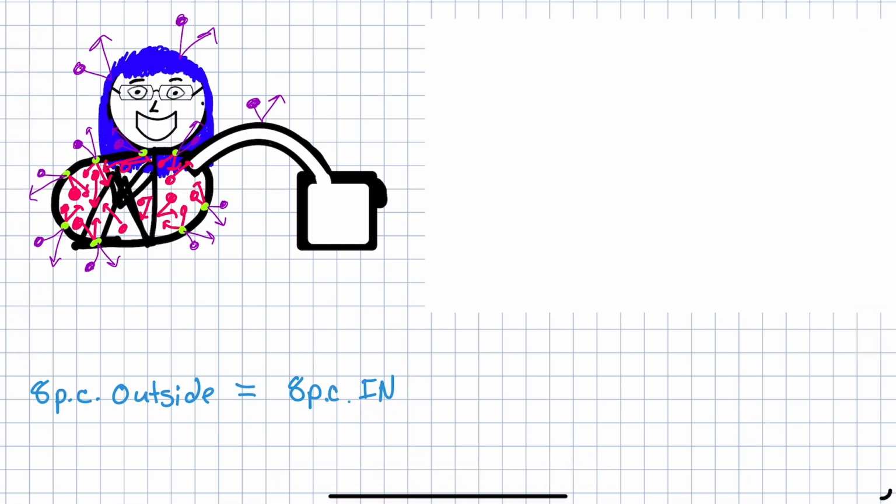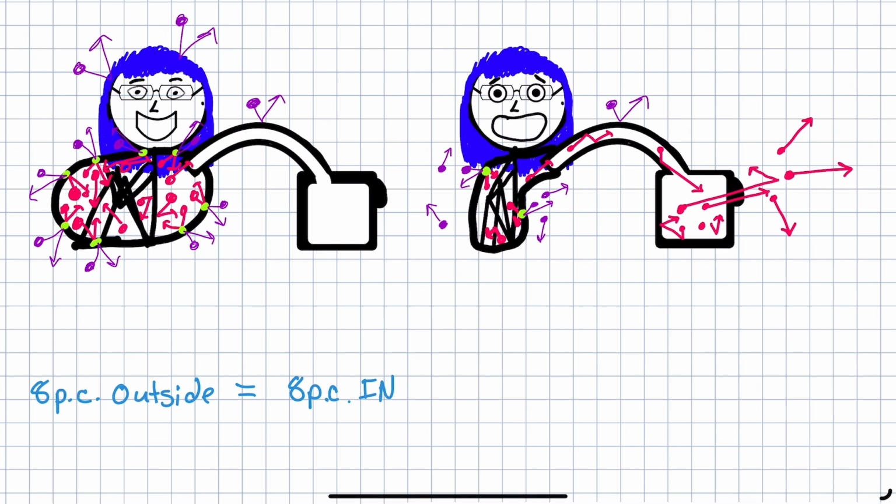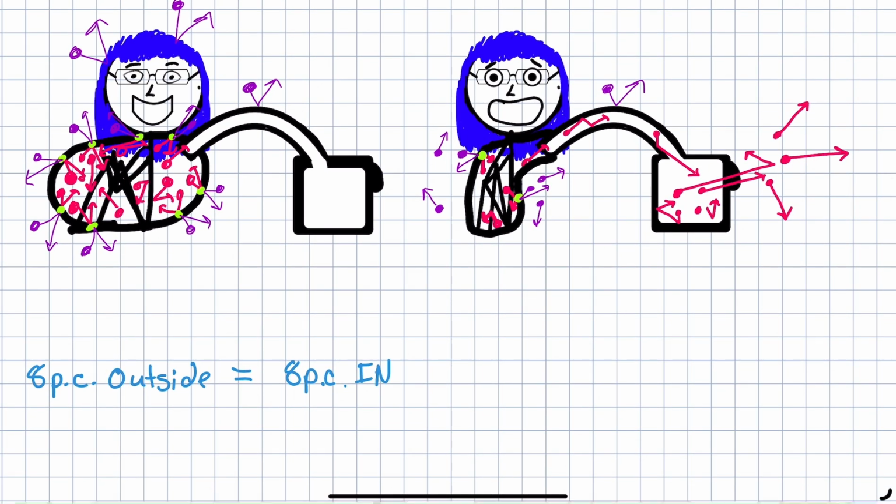So because of this, this is equal. It's equalized. Well, now when I took the vacuum, what the vacuum does is it removes the particles from the system. By removing the particles from the system, other particles rush to be in that space. Now, because my trash bag is so much smaller, I have fewer collisions inside than I did outside at the start, and so it pushes my bag in towards me.